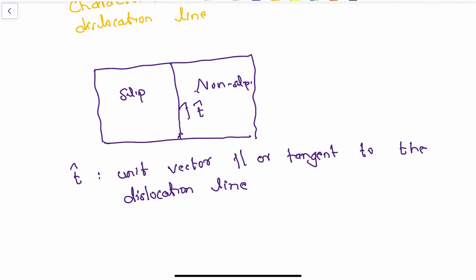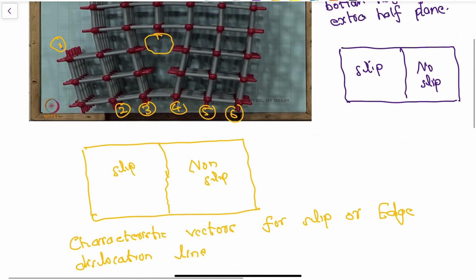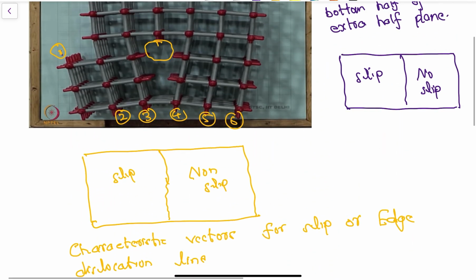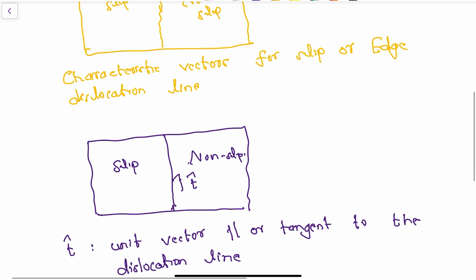This is the characteristic vector associated with an edge dislocation line. This vector gives an orientation to the dislocation line. You can see that this tangent vector is into this half plane of atoms. That is why I have shown it like this.